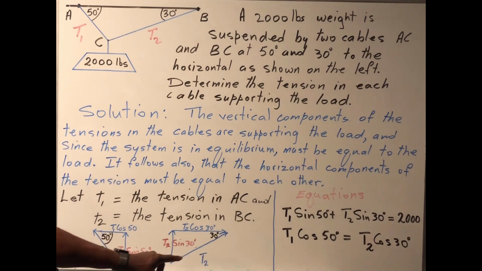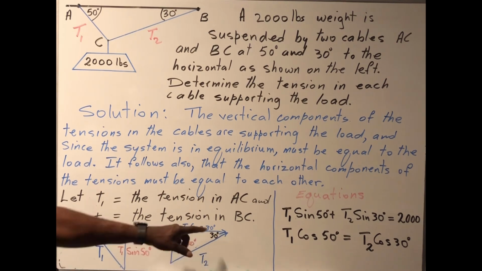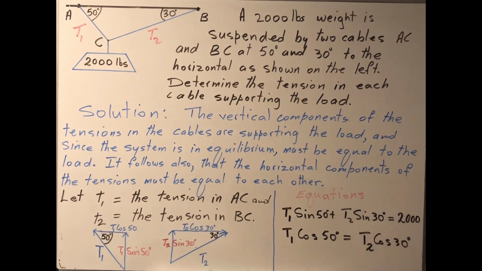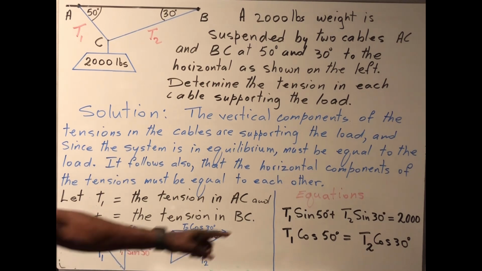Resolving T2 also into its horizontal and vertical components, we have T2 sine 30 degrees as the vertical component and T2 cos 30 degrees as the horizontal component. That sets up for us these equations.